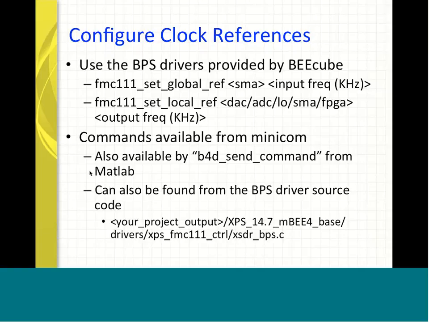However, bear in mind that I described a limitation. The limitation comes from our FMC 111 interface IP: the ADC clock needs to be equal to the FPGA clock, and the DAC clock needs to run at 2x of that clock frequency.